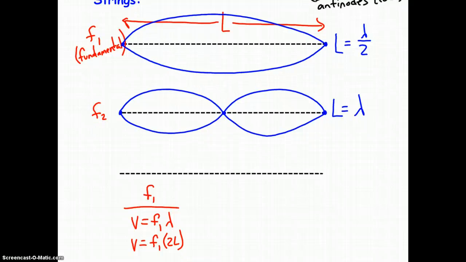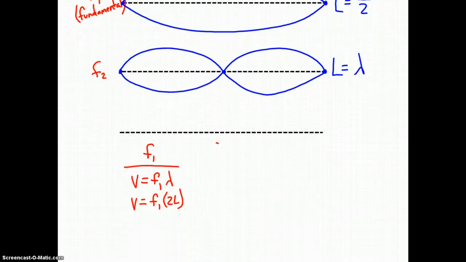Again, down below, let's take a look at the relationships here. For the second harmonic, F2, let's start off with V equals F2 lambda. Again, what's lambda in terms of L? V equals F2 times L. Now we can also see a relationship between F2 and F1. The speed of the sound in both strings is identical.